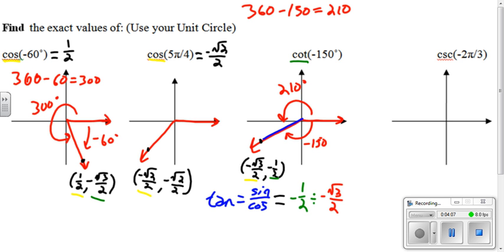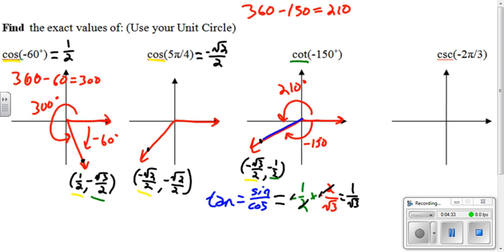Whenever you're dividing by a fraction, it's the same as multiplying by the reciprocal. So I'm going to get rid of that and say multiply by the reciprocal of negative 2 over root 3, in which case our 2's cancel out, and negative times a negative also cancels out, leaving 1 over root 3.